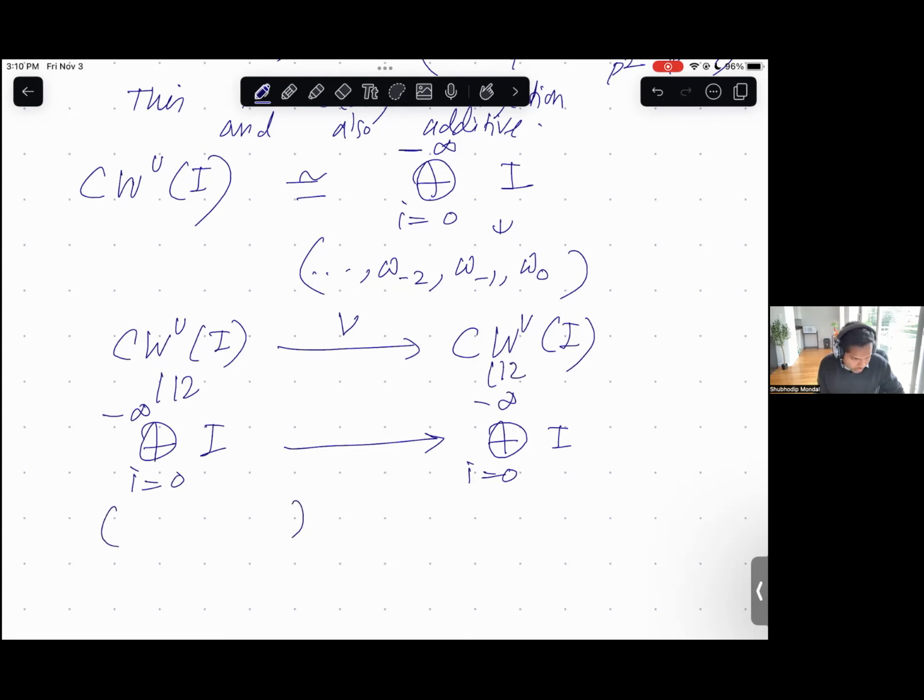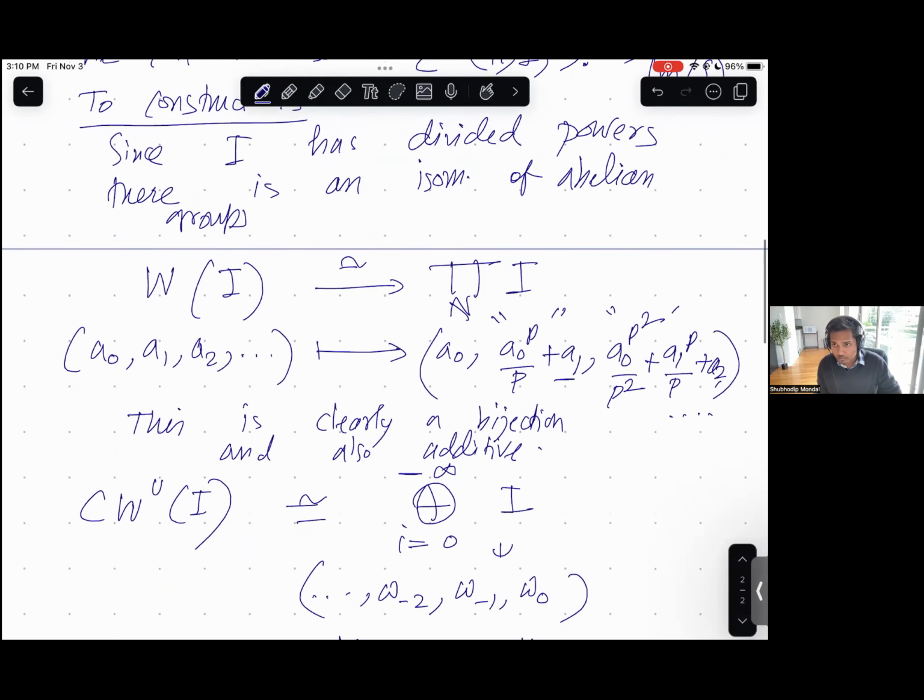This map would be simply given by shifting again. This is something one can check just by this formula. You can add a shift by 0 here, and then you'd see that the expression just basically shifts.